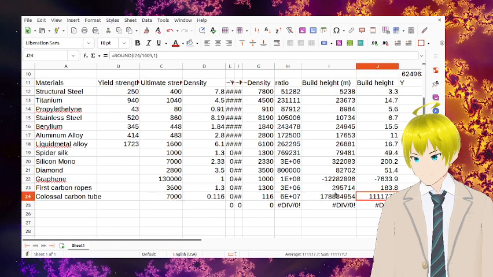Wow. So this works. Carbon tubes work. Colossal carbon tubes work. What else do we have? Standard carbon nanotube. So this is a real carbon nanotube. This isn't some variation. This one's insane. 630,000 for the stress?